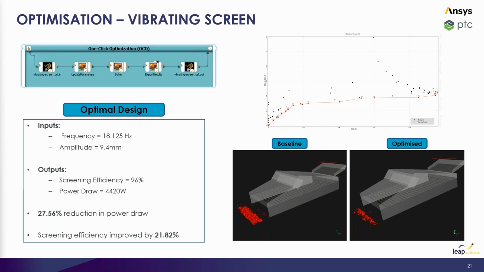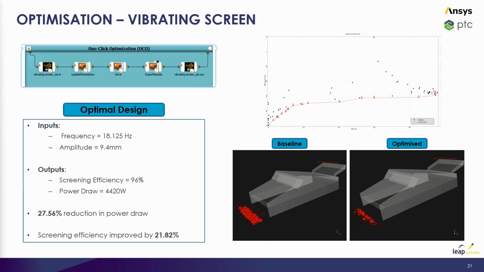Frequency and amplitude is 0. Power draw correspondingly is 0, but you'll see that that has the worst screening efficiency. So essentially, we can use this to make decisions because it helps us to visualize and understand the trade-offs between different design objectives.